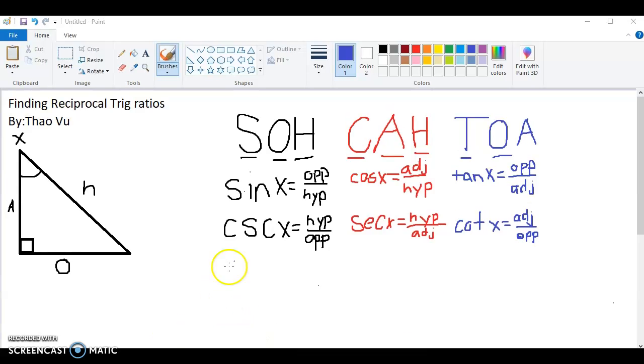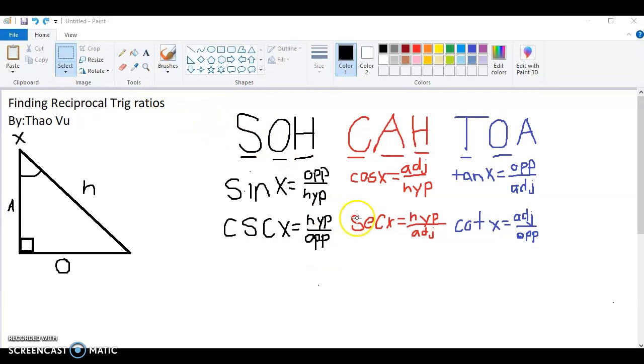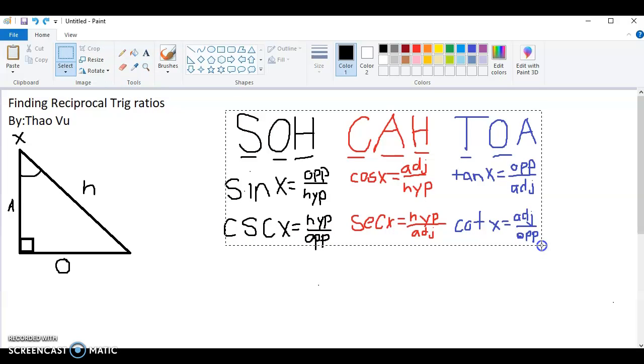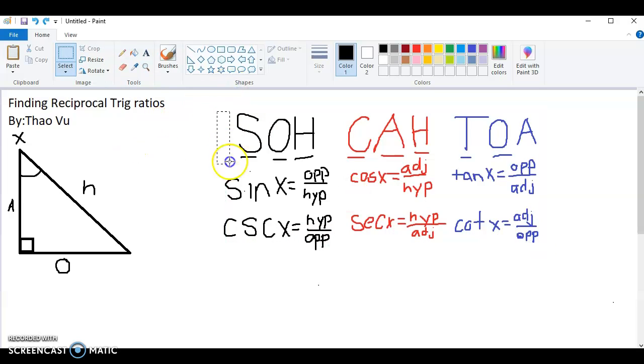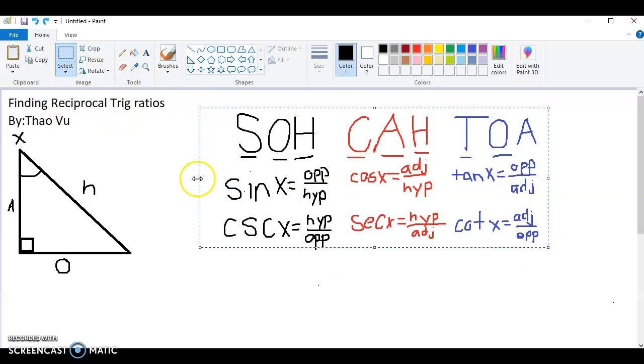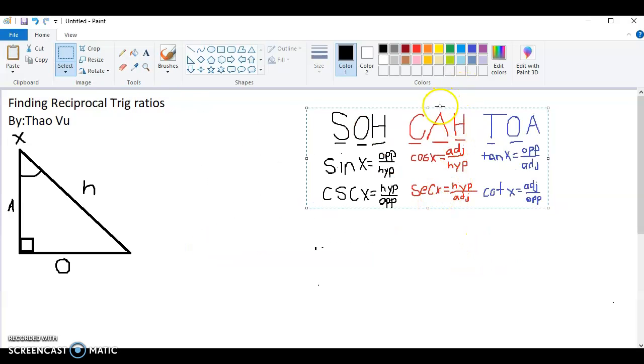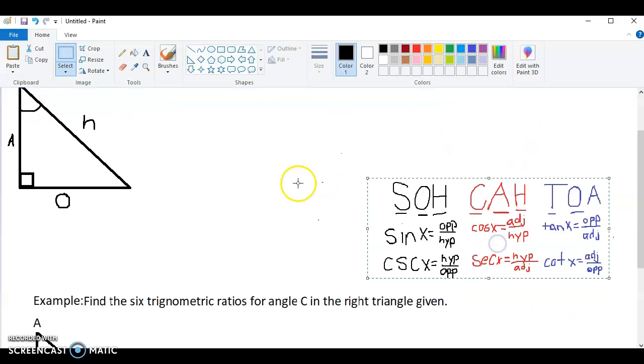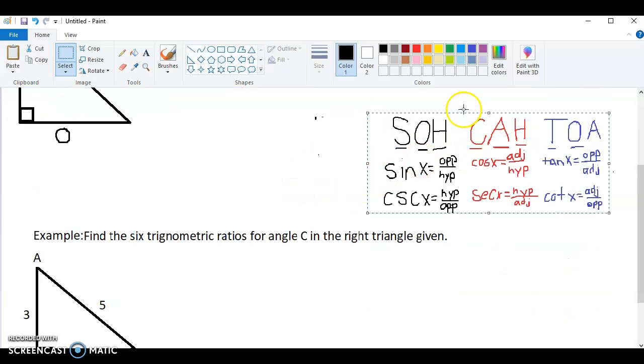Okay, so now moving on, I'd like to go to an example. First of all, I'd like to move this and make it smaller, so we can see it for our example down here.